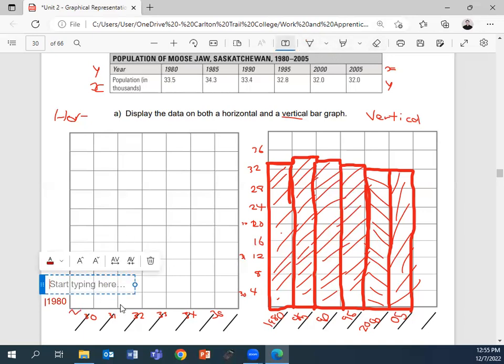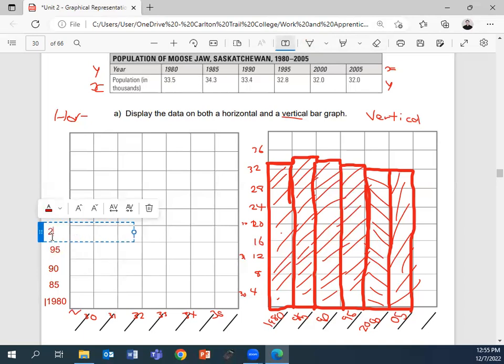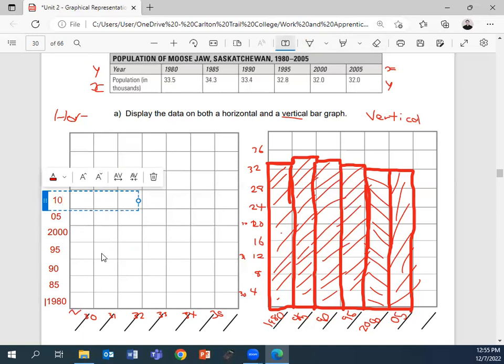So you start with 80 and you just go up to 85 and then 90, 95 to 2000.